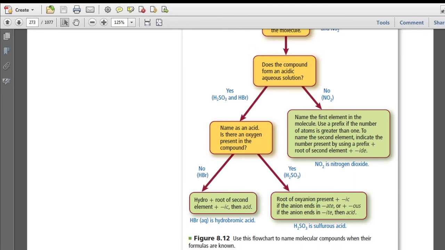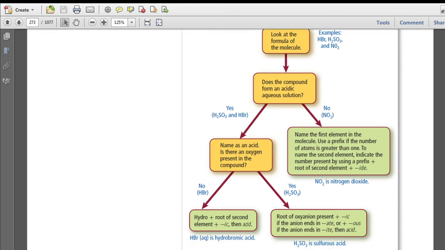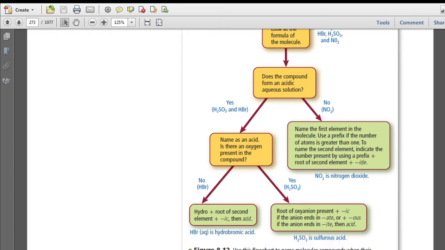Here's a little flow chart of how you can name these molecules. Look at the formula. Ask yourself, does it create an acid in solution? If it does, go left. If it doesn't, go right. And if it has only one other atom, it'll go with that root of hydro and ic acid.